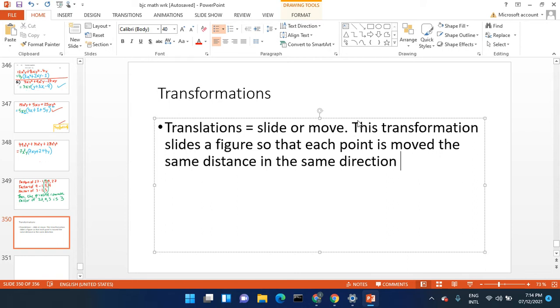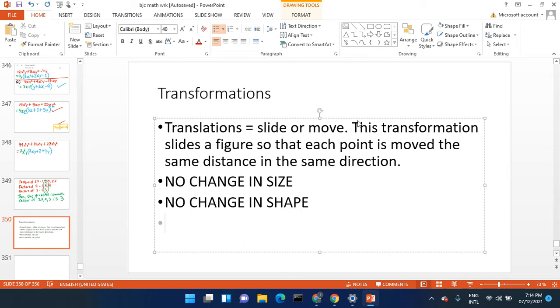Now it's important to note that with translation, there is no change in size. When we make a translation, we don't change the size. No change in shape, so we don't change the shape of the object.